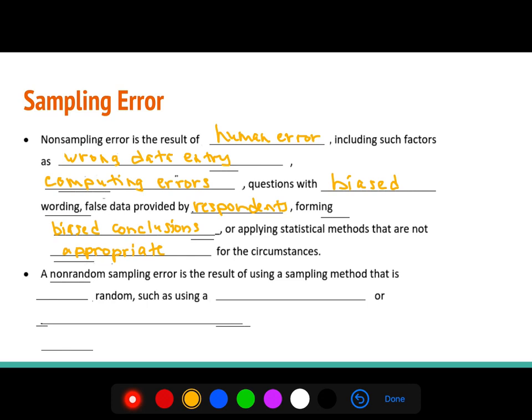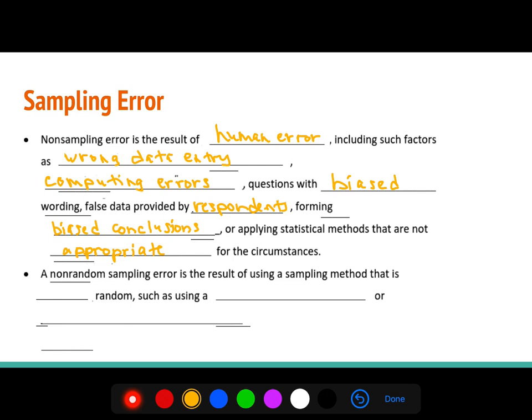So human error, maybe you typed it in wrong. Maybe you made a computational error and maybe you added instead of multiplied or something. Maybe you did questions that were biased or loaded questions. Maybe you had some false data, like maybe somebody decided not to tell you their true weight or height or something like that. Maybe they rounded down a lot.